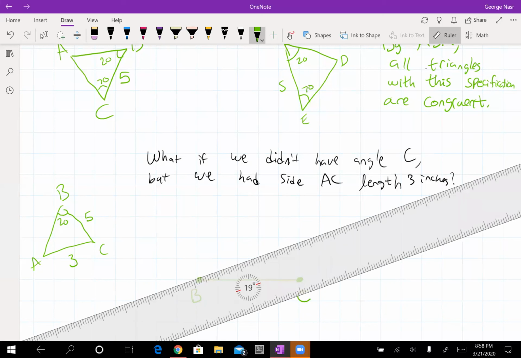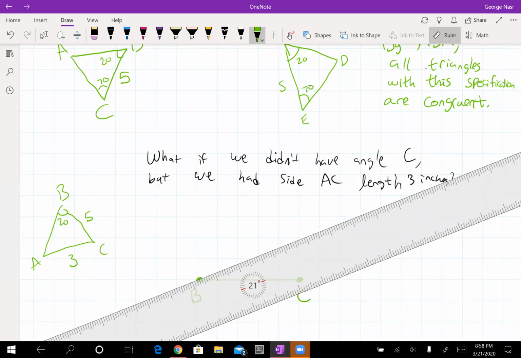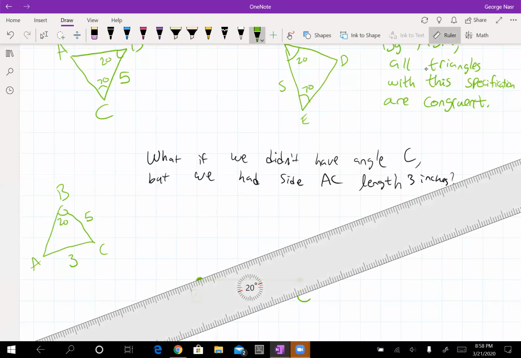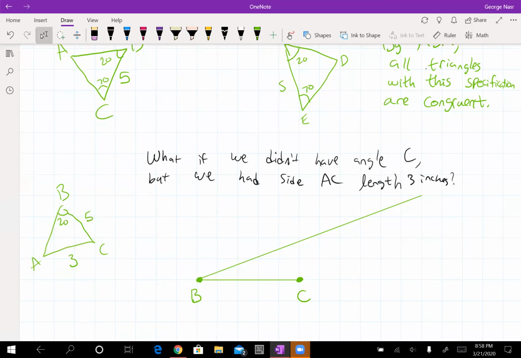So I can actually use my ruler tool here. I'm just going to draw a line, and it goes really far because I don't know where it needs to end. The question is, are there multiple places where I could draw 3 units and get this to work out?